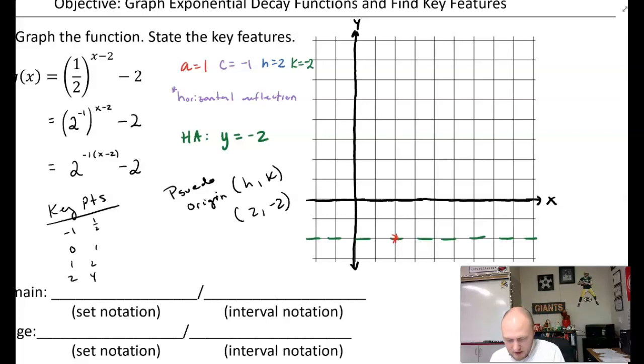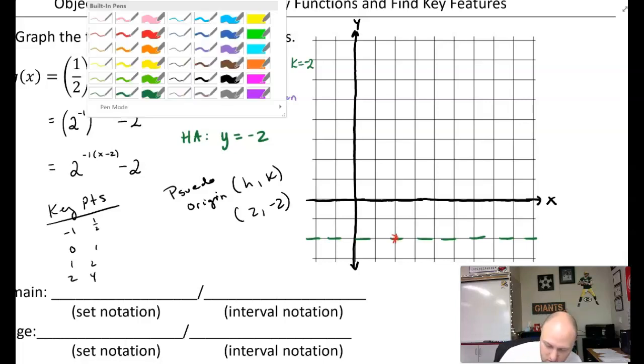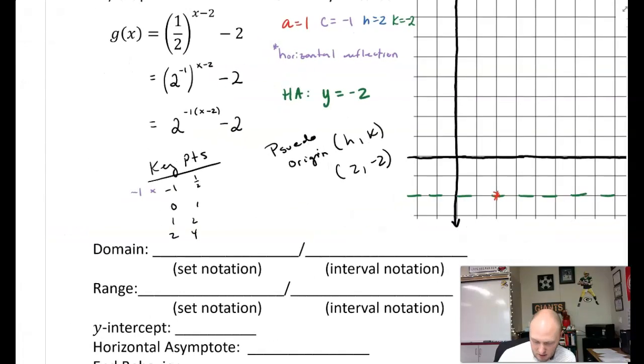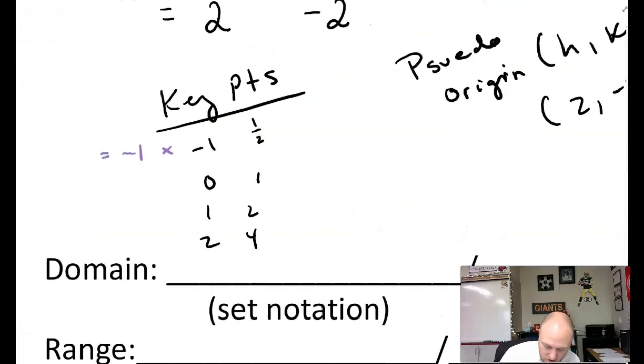So I'm going to start from my pseudo-origin. My first one is -1, 1/2, so left 1, up a half. But I do have a c value. Again, this is horizontal reflection. The c value multiplies with your x values, so I'm reflecting all of my x values. So -1 times 1: instead of going left 1, I'm going to go right 1.